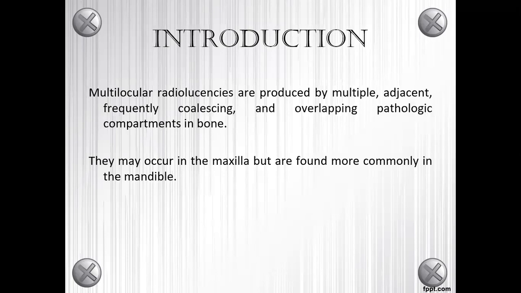Now, can you think of any example for multiple radiolucencies? Any example, if you remember what you have read? Ma'am, OKC, ma'am. OKC? Why do you say OKC is multiple?